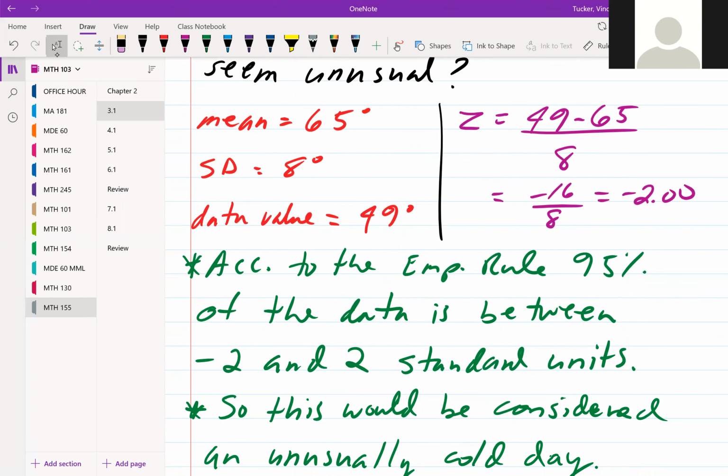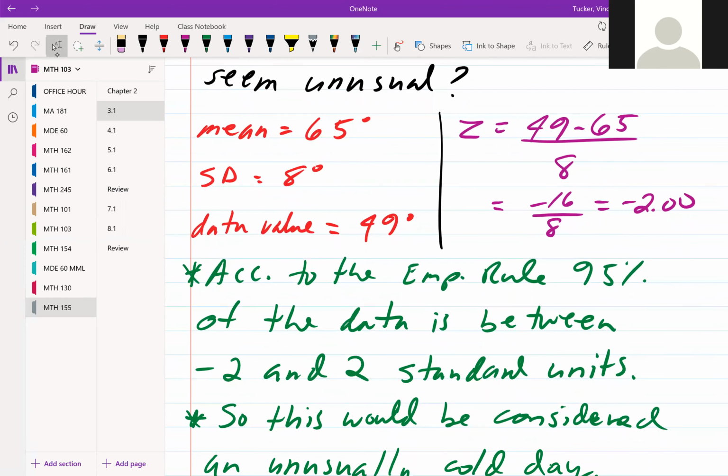Is the z-score always the data value minus the mean over standard deviation? Yep. Okay, then when you were going over that earlier and giving us the formulas, that was labeled as general, and then you had population and sample. How do we know when to use those different ones?